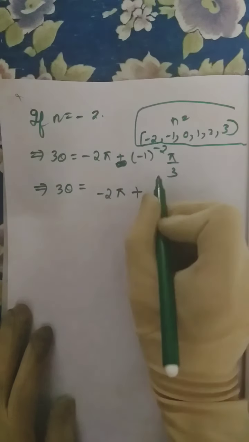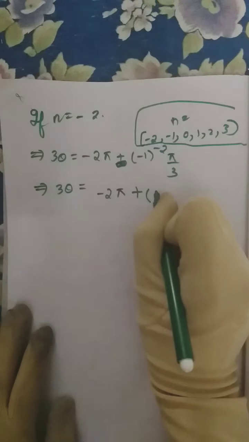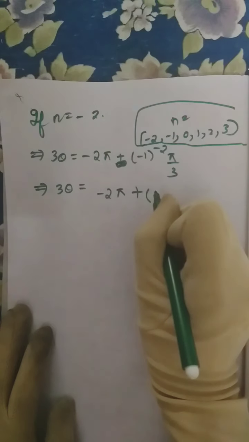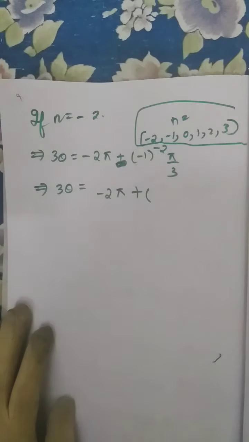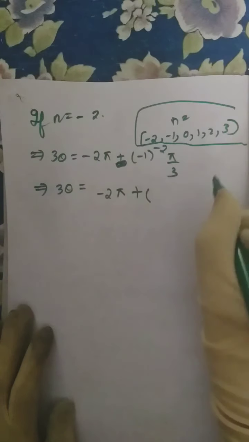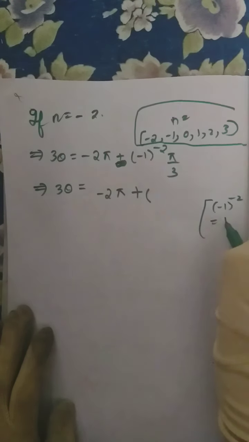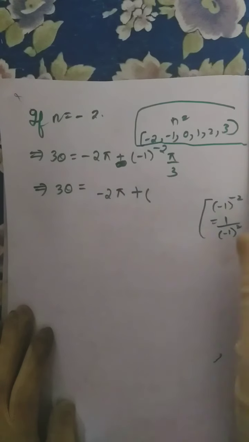So minus 1 power minus 2 can be written as 1 by minus 1 power square, and minus 1 square is plus 1.